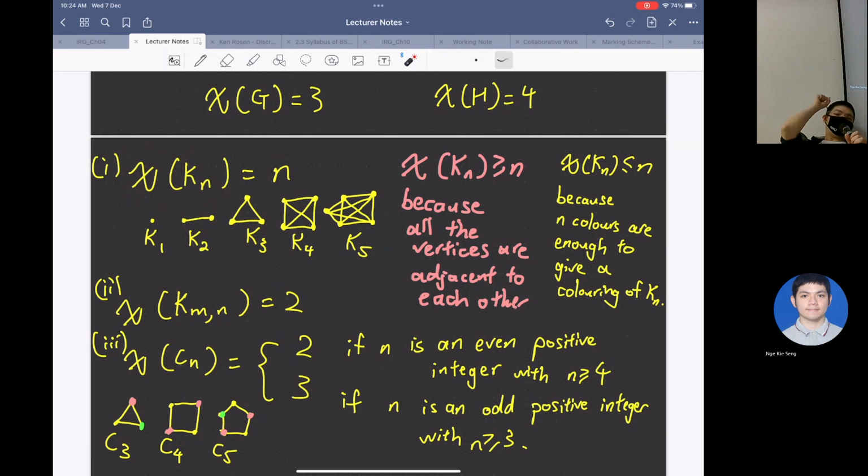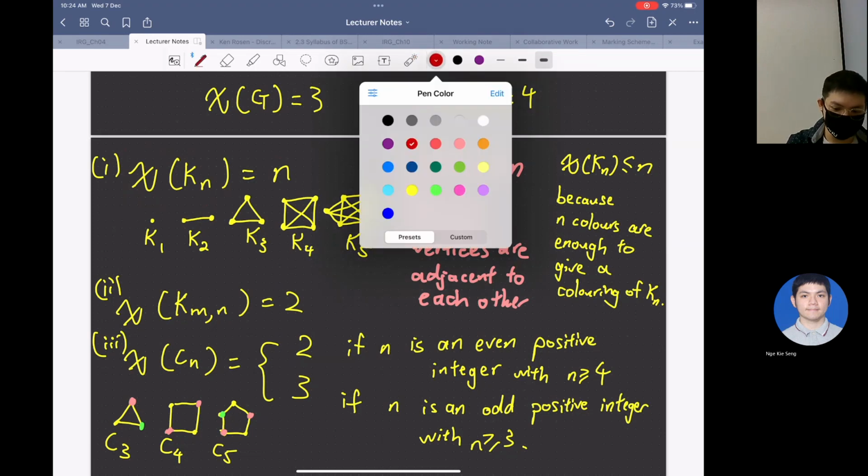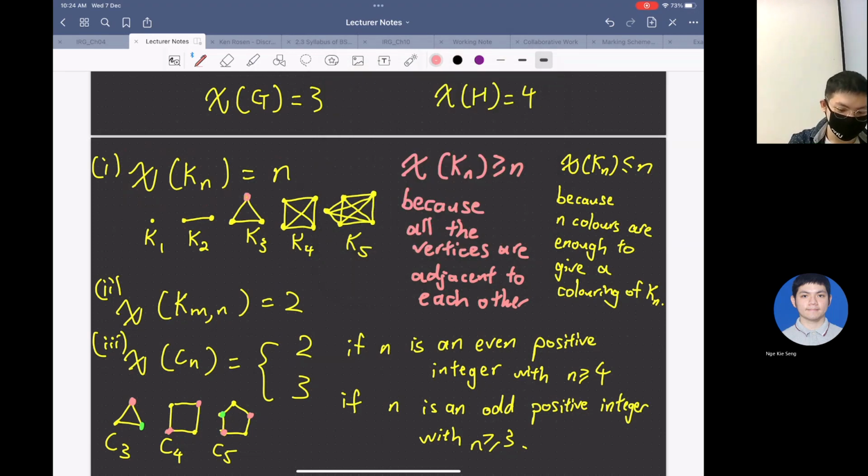So if you put one color on one vertex, all the other vertices must have different colors because they are all connected. And the claim is that n colors is enough to color your vertices.